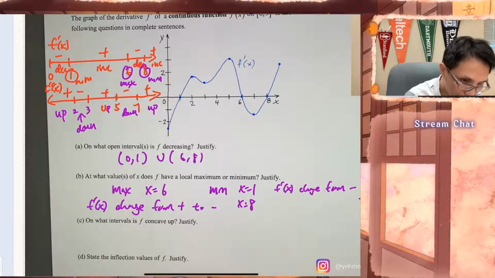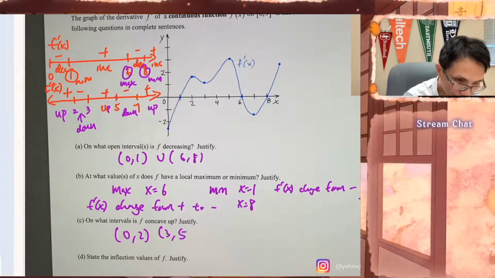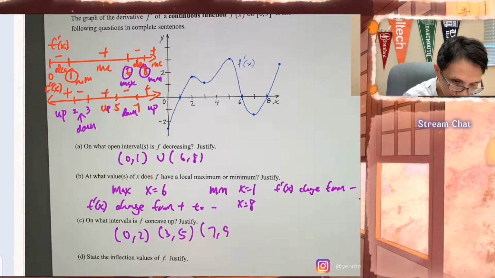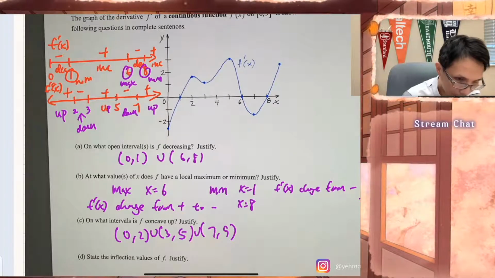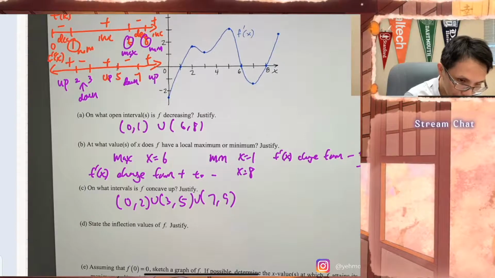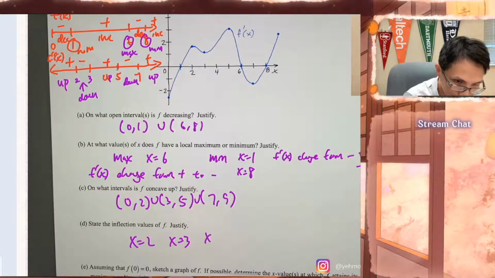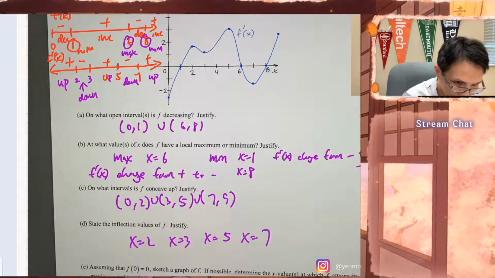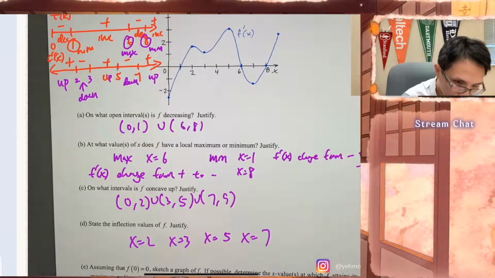Concave up is going to be 0 to 2, 3 to 5, 7 to 9, union, union. Inflection points: x equal to 2, x equal to 3, x equal to 5, x equal to 7, I think. Okay. How do you justify this?